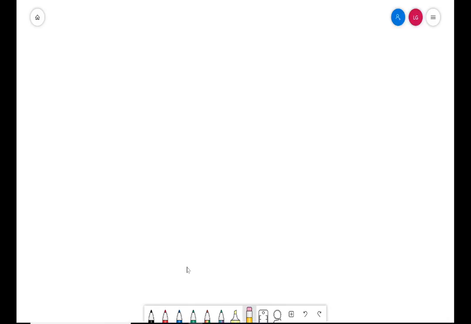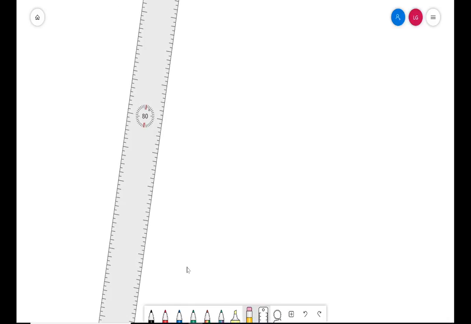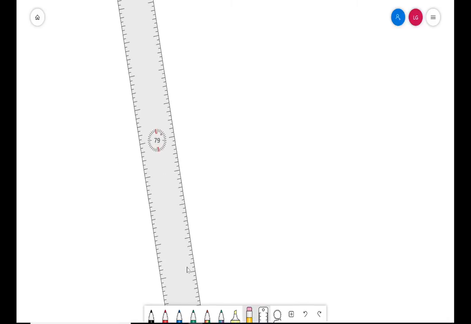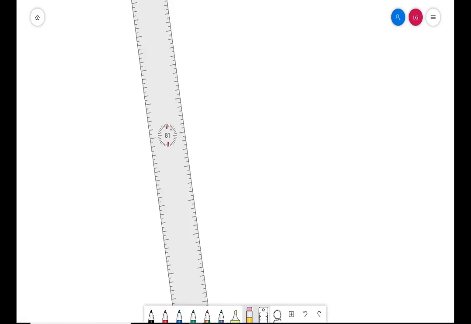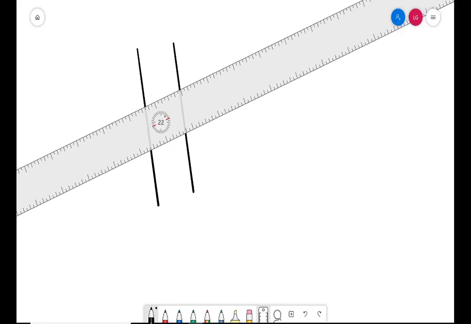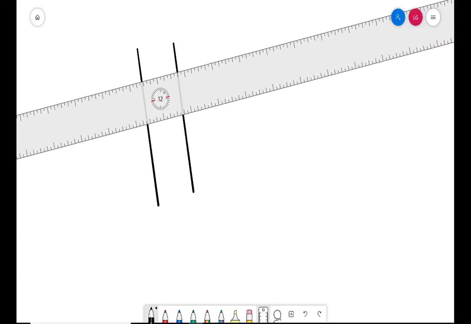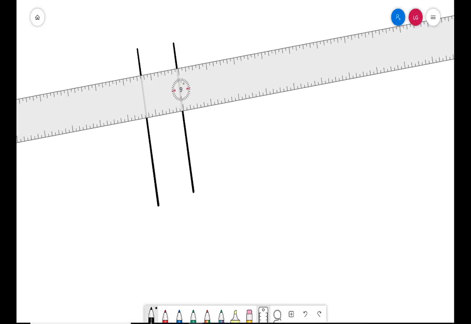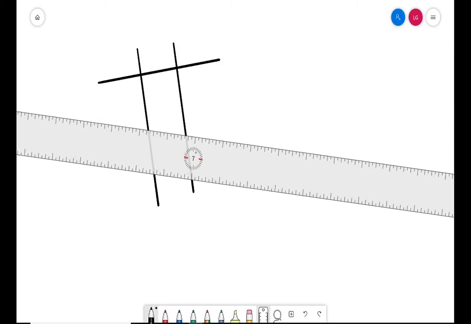It'll take me just a little bit of time to draw it. So let's see. Okay. Using this nice ruler.